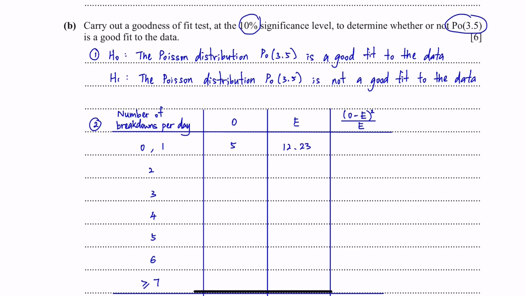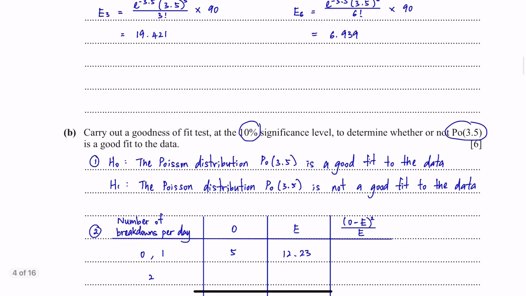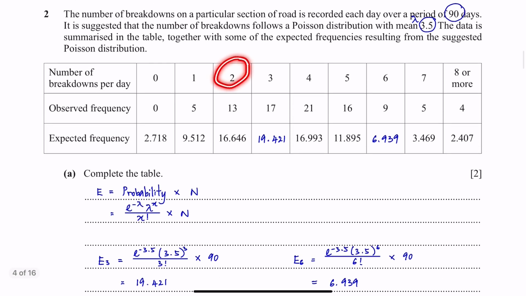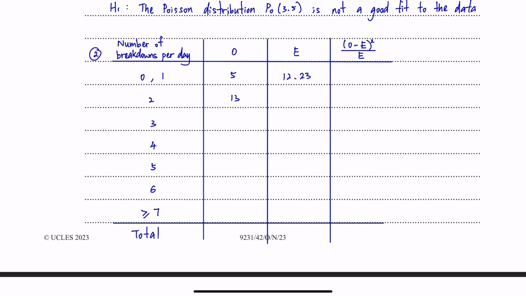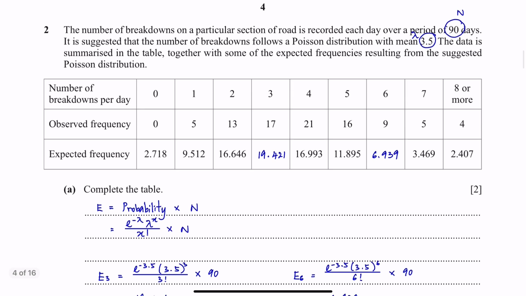And for number of breakdowns per day equals 2, we have 13 and 16.646. So now we just have to copy all these values in according to the table.